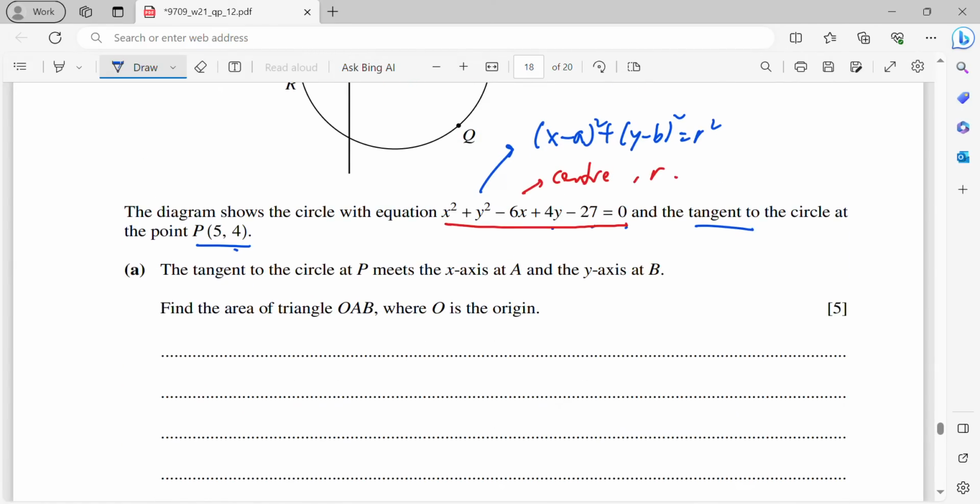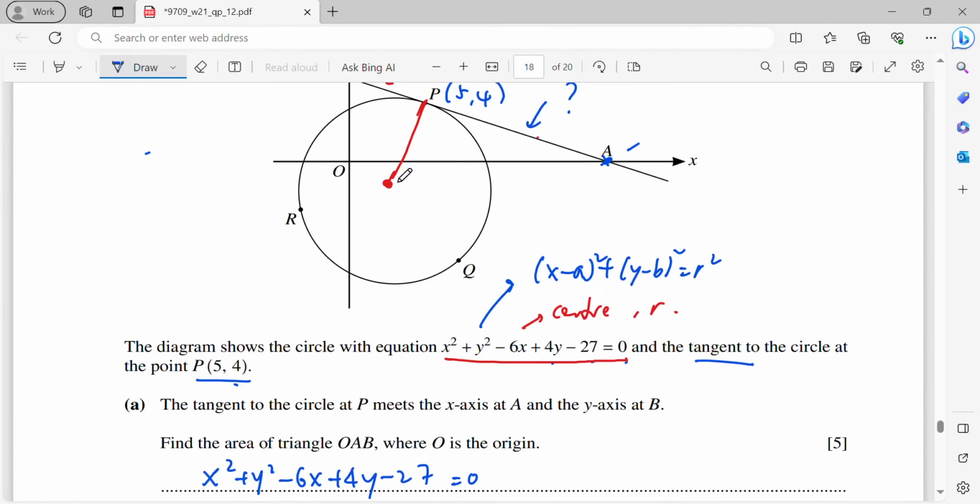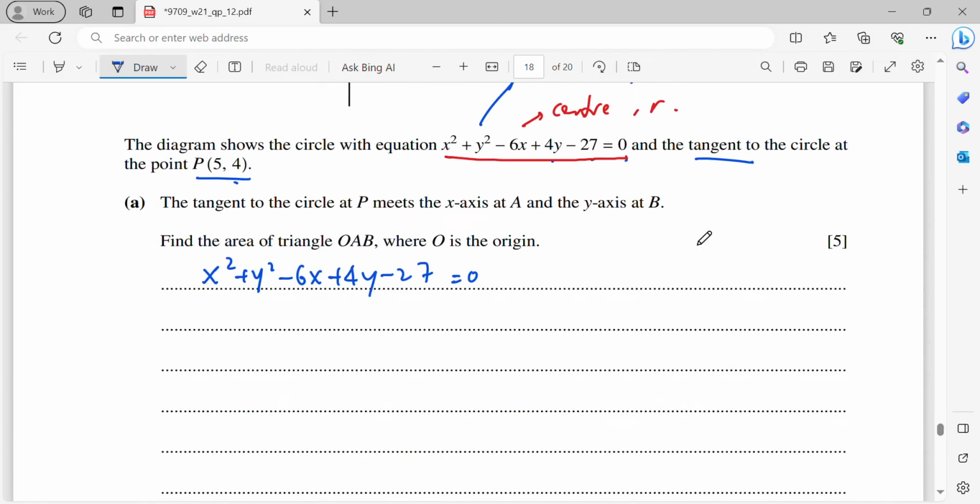I'm going to use that method to solve it. So now, x squared plus y squared minus 6x plus 4y minus 27 equals 0. Otherwise, you can just use differentiation, because when you get the dy dx here, that is the gradient of the tangent. Then you can get the answer faster, with no need for so many steps.